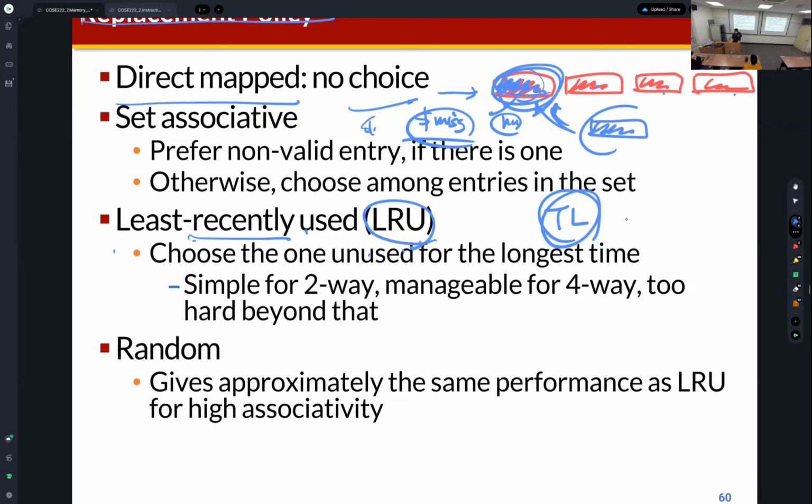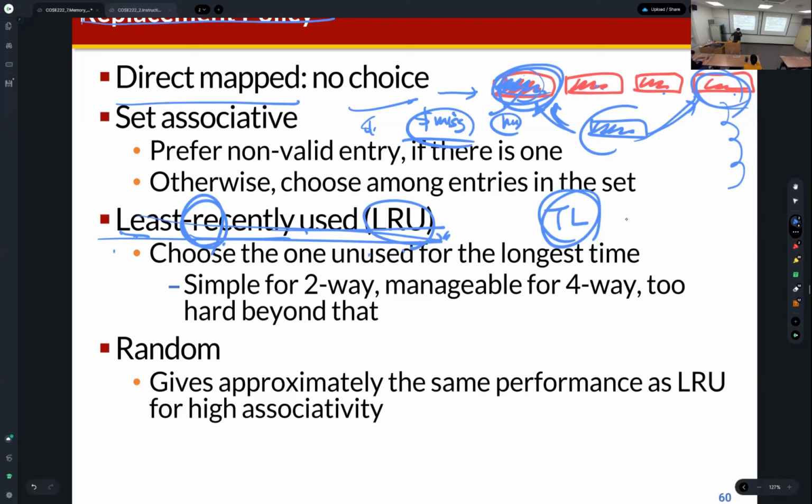So the LRU replacement policy means least recently used. If a certain block is not used for a long time, for many cycles, so it is the least recently used, then this block is evicted from the cache, and a new block is allocated to this evicted place. Okay, this is the LRU.